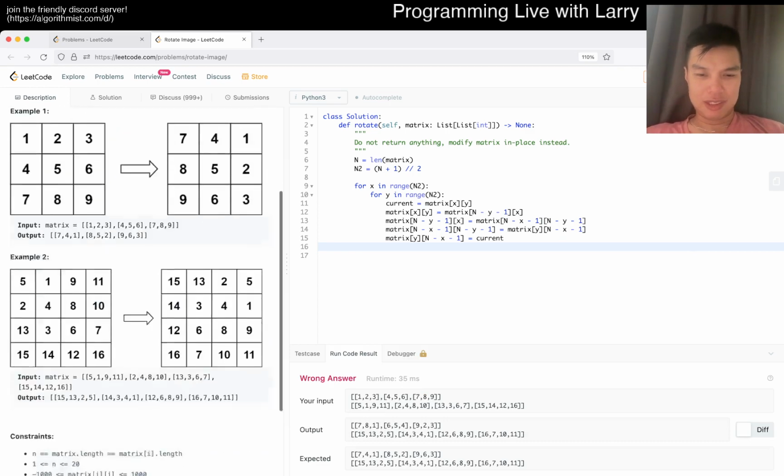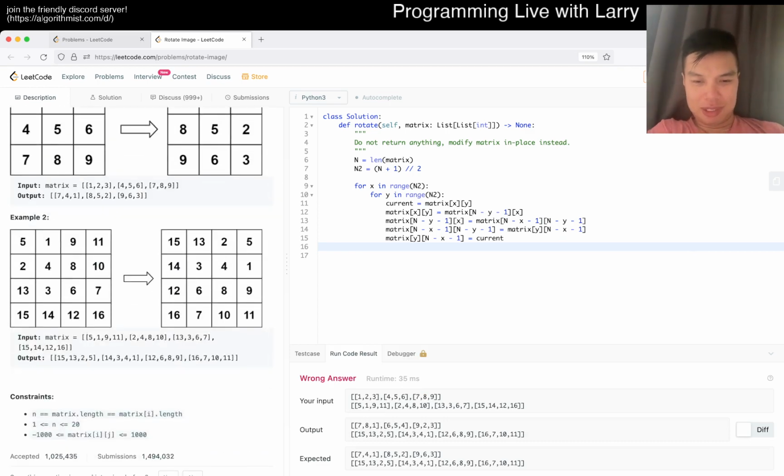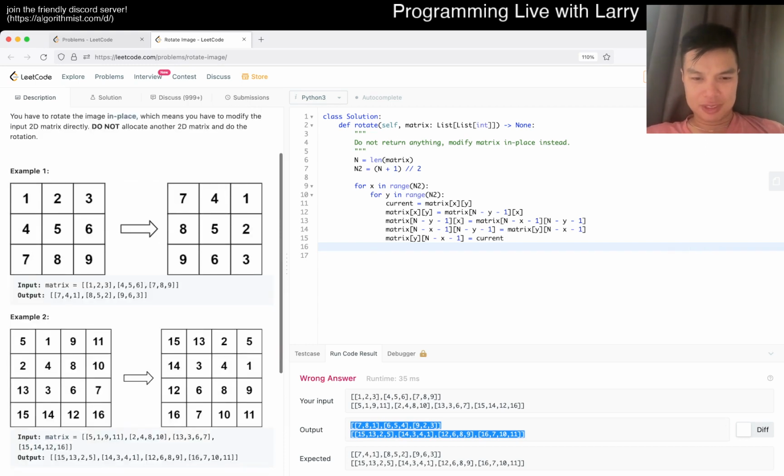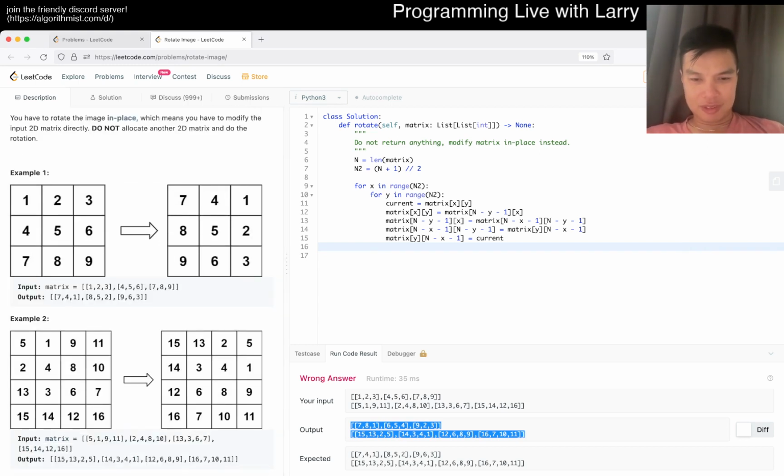Let's see if this is right. This is not right. What am I off by? One of these is, well, I can visualize this very well. Let's see. At least I didn't make a mistake in having a duplicate element. Maybe I just rotated the wrong way.